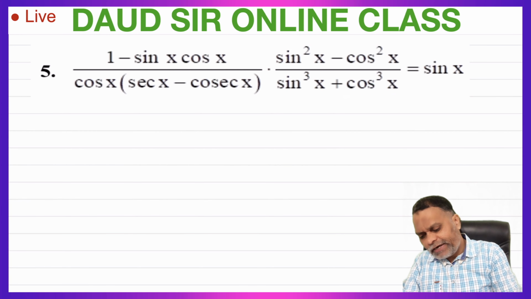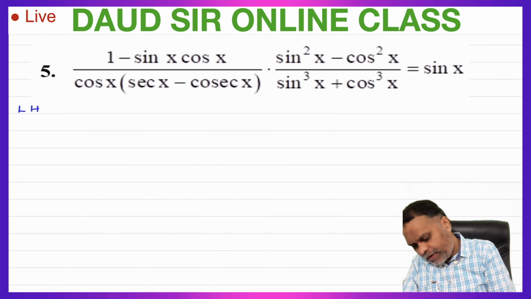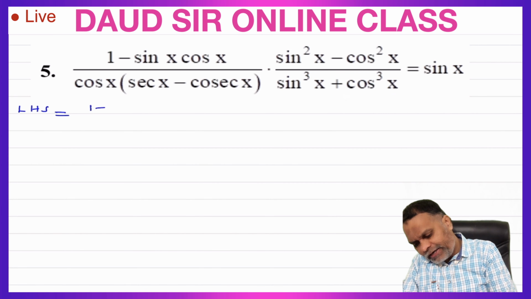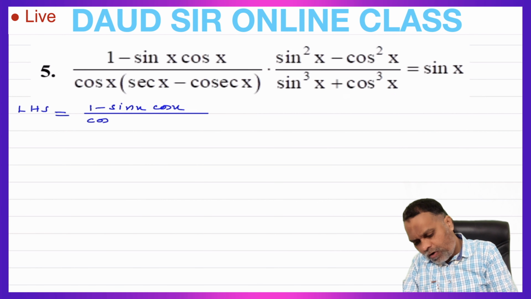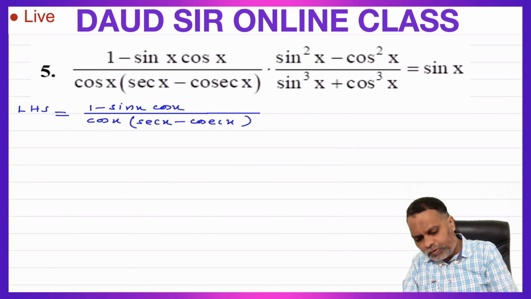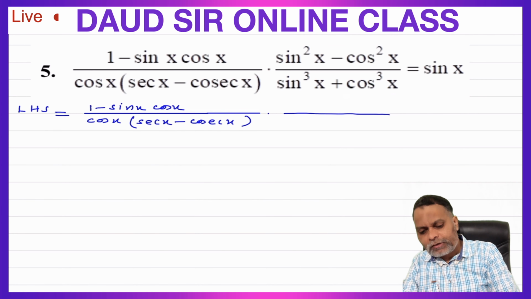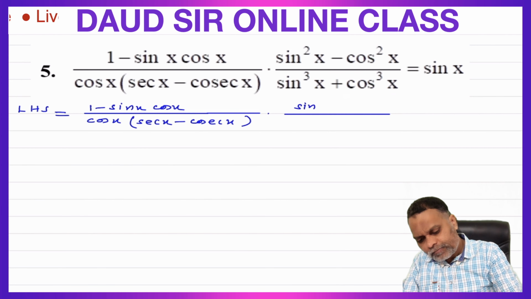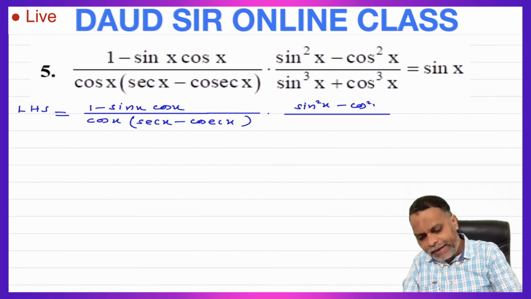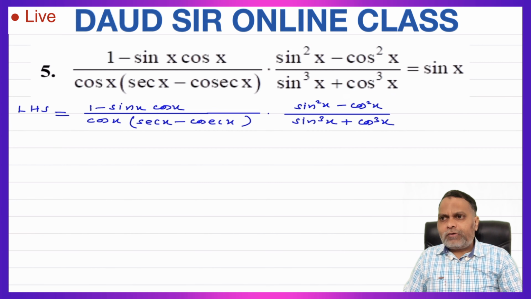So taking left hand side, 1 minus sin x into cos x upon cos x into sec x minus cosec x into sin square x minus cos square x upon sin cube x plus cos cube x. Equal to sin x we have to prove.